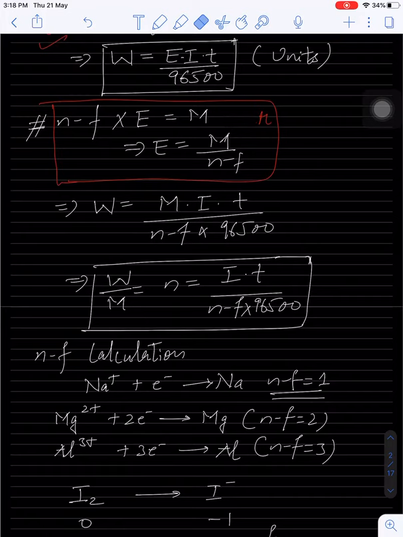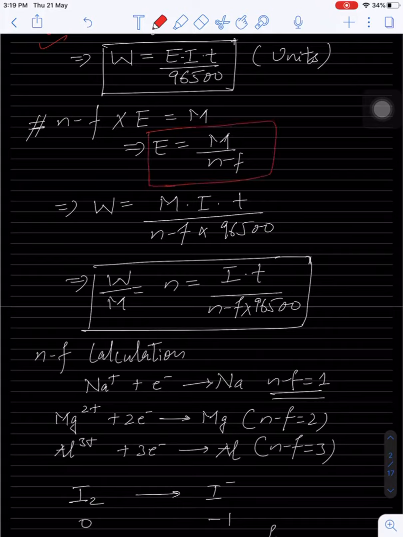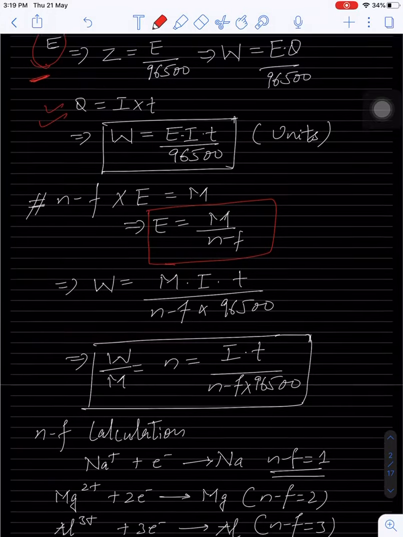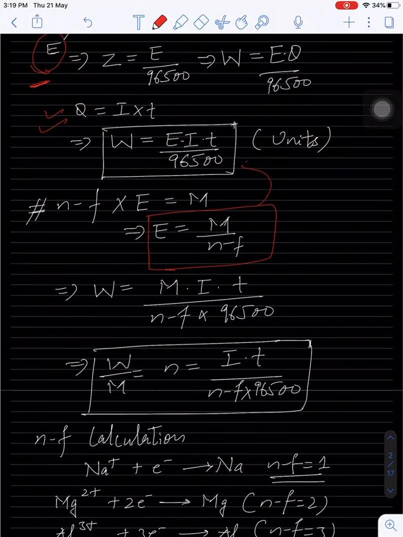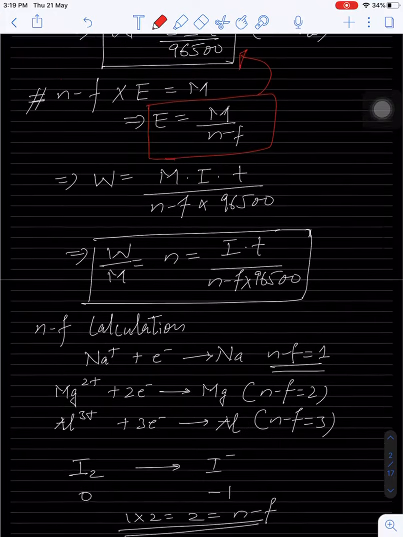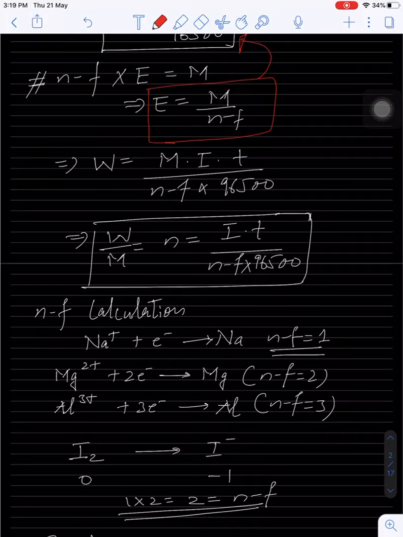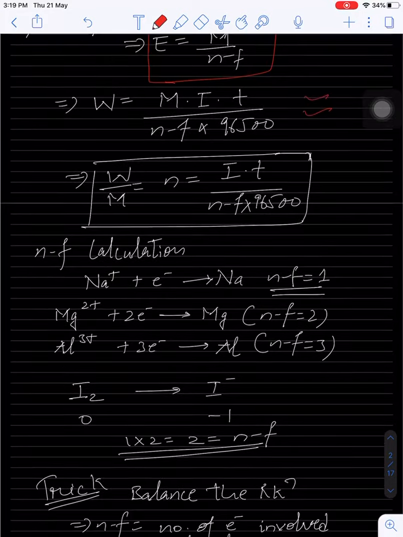So if this is molar weight, we get E equal to M by NF. Everybody understands that? Now again, using this formula for E, we get a new formula, M by NF, isn't it?